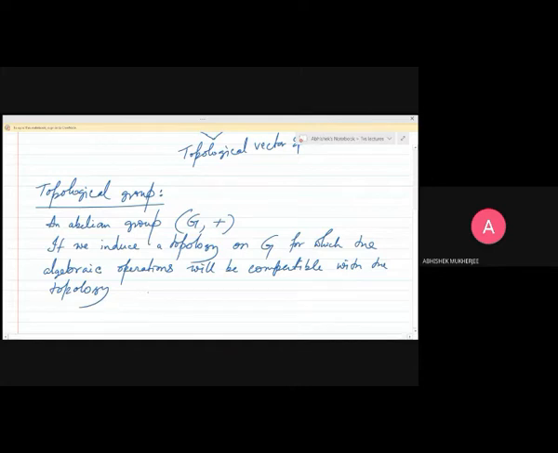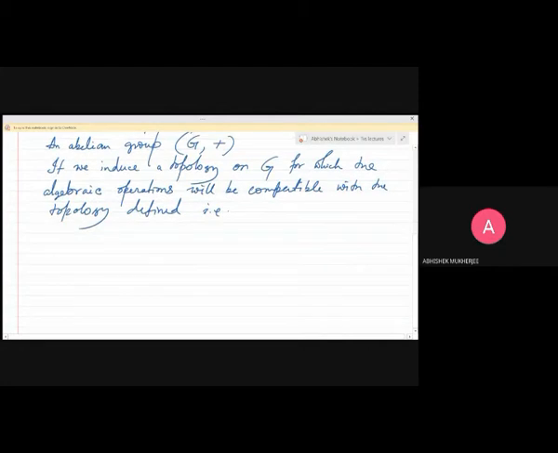Defined. That means, what does it mean by compatibility? That is, first one is continuity of the operation. That is, continuity of addition holds.